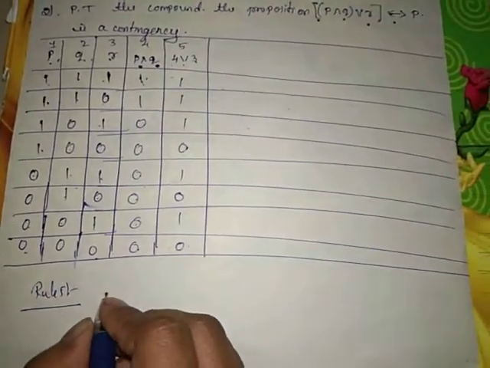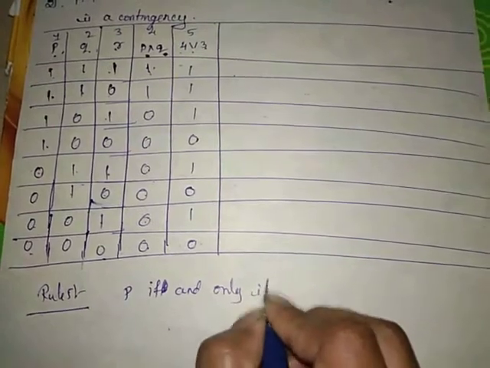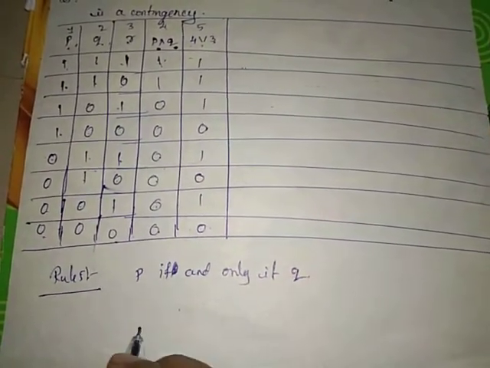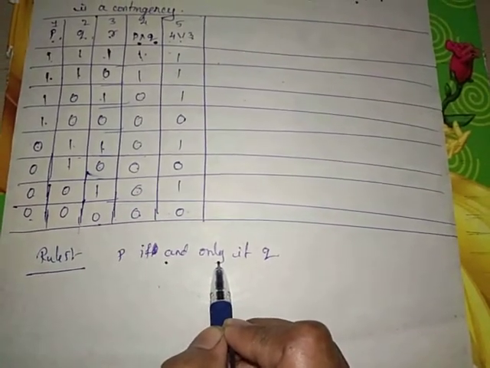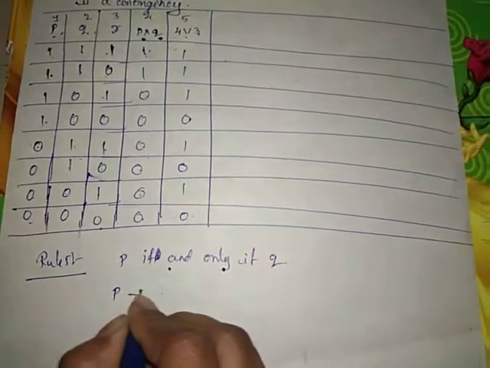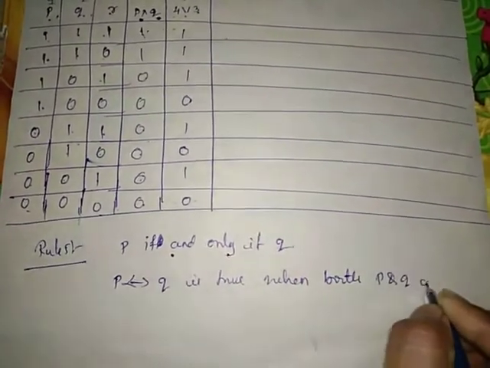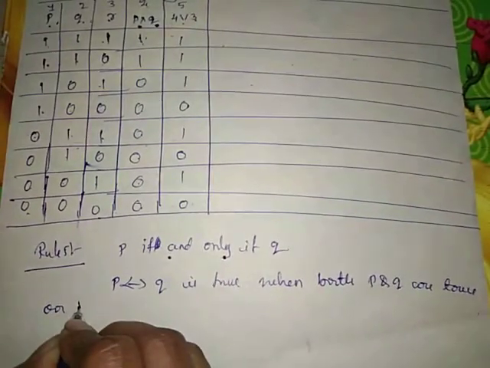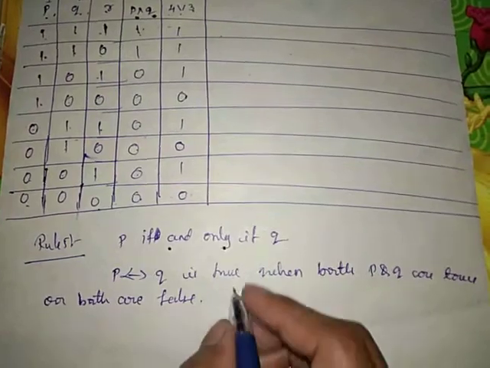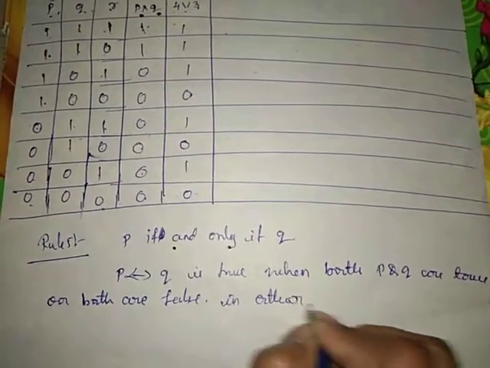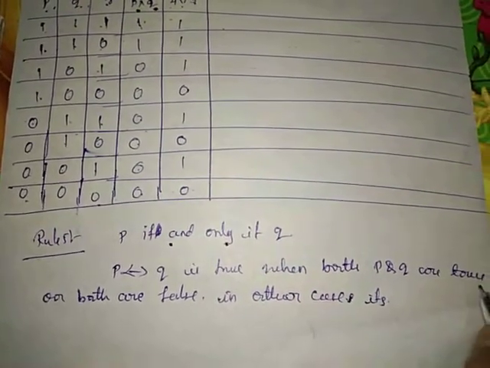According to rule 5, the biconditional, that is P if and only if Q, states that the proposition is true only when both P and Q are true or both are false, and is false in other cases.